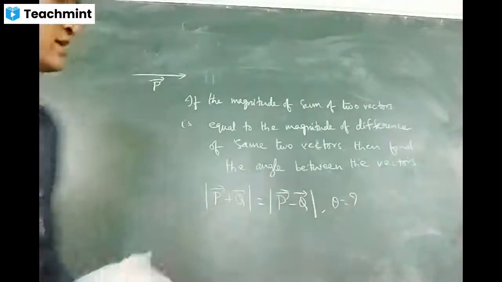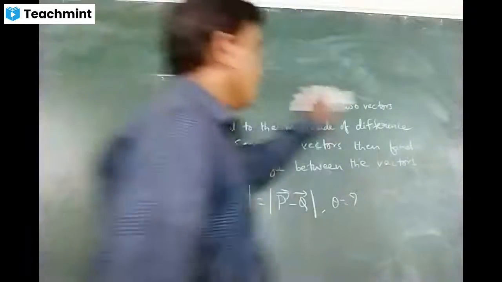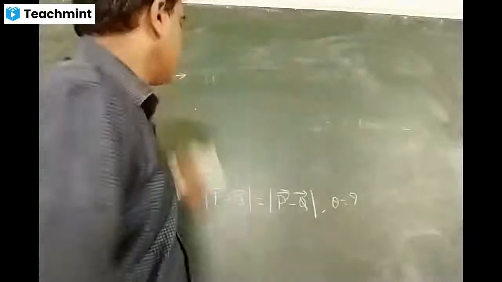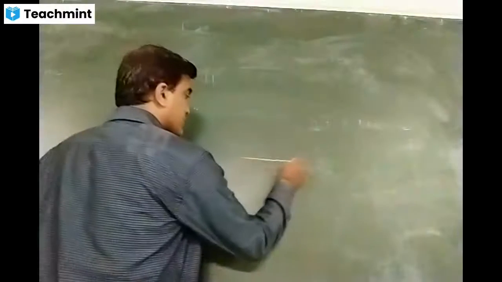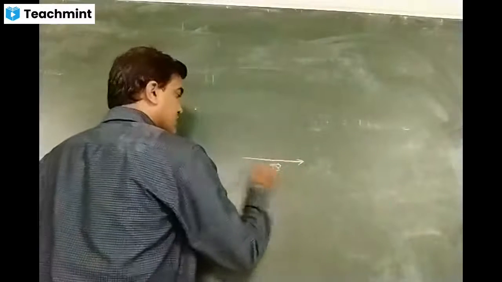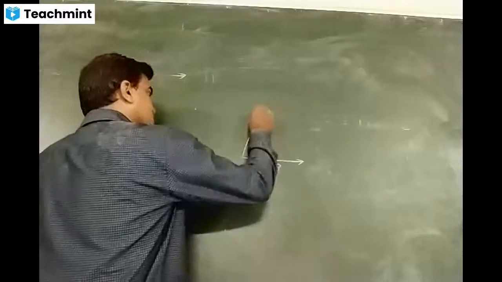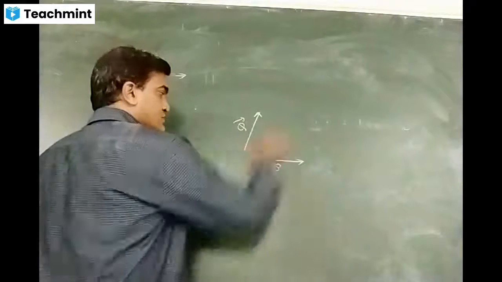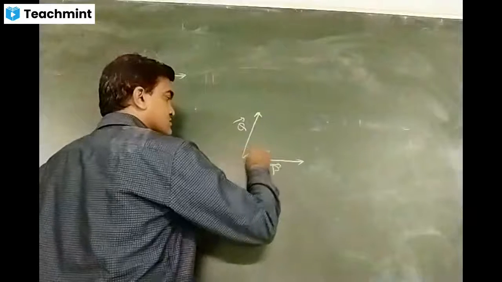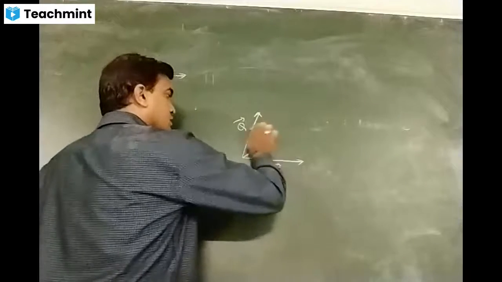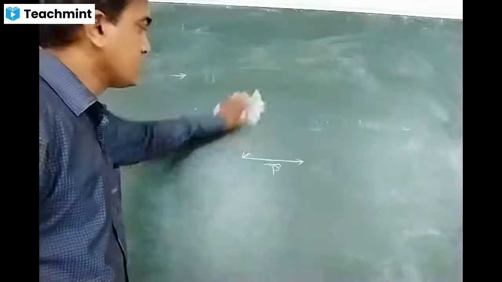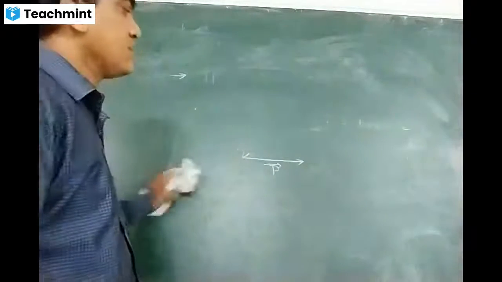See, let me show you graphically. The question is clear, right? Now let me show you graphically. For example, the direction will change. If I take this as P bar, and this one as Q bar, the resultant will be this one according to the parallelogram law of vectors. Instead of using the parallelogram, let me use the triangle. We added P bar and Q bar.